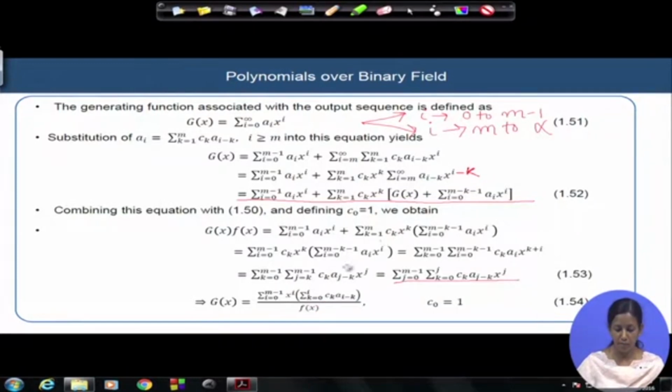While deriving this expression, you have to consider that c 0 is equal to 1 initially, and c 0 is 1 throughout the expression.